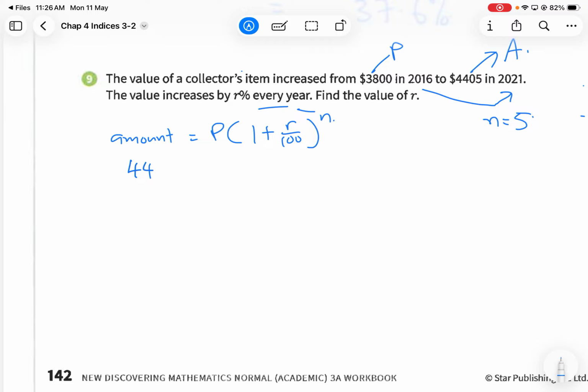Final amount 4405. Original amount 3800. 1 plus r over 100 to the power of 5. Because compounded 5 years, 16 to 2021. Compounded 5 times.